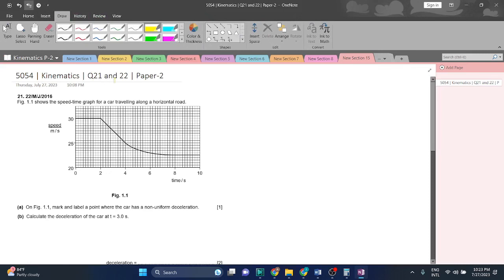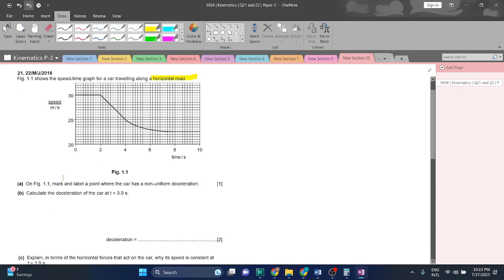Let's start. Question 21. Figure 1.1 shows the speed time graph for a car traveling along a horizontal road. On the figure, mark and label the point where the car has a non-uniform deceleration. Non-uniform means the gradient is changing. When the slope is constant, that indicates a constant acceleration.